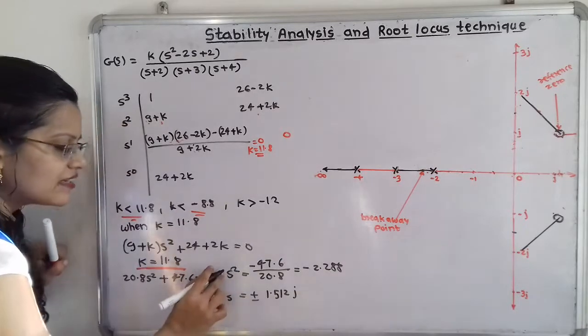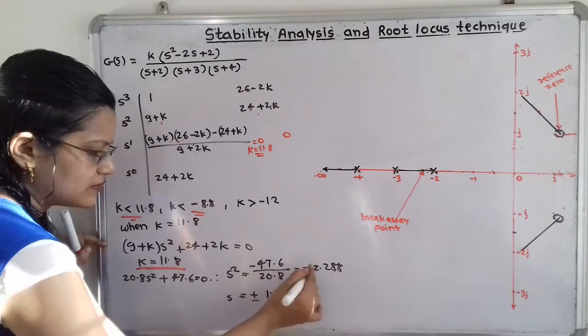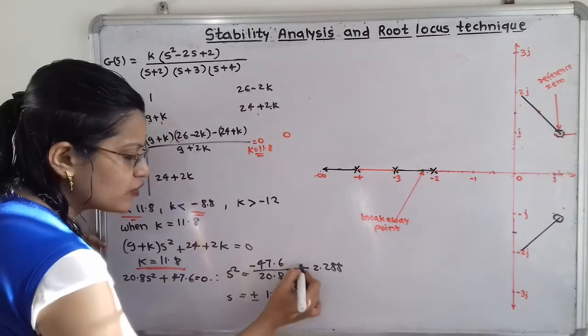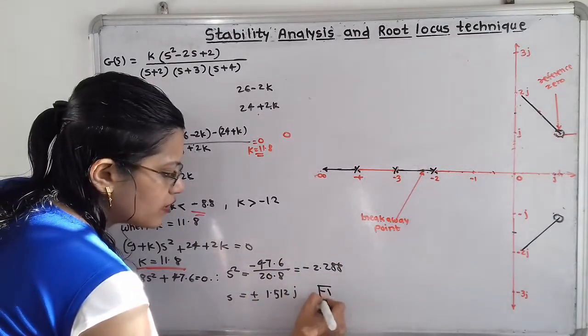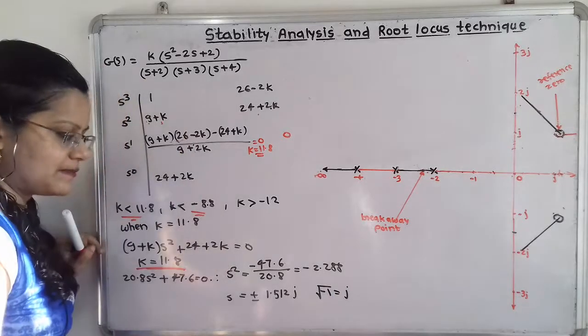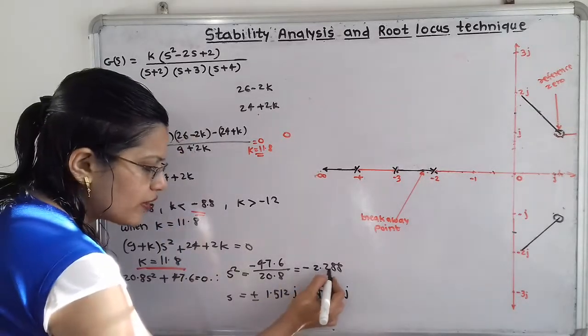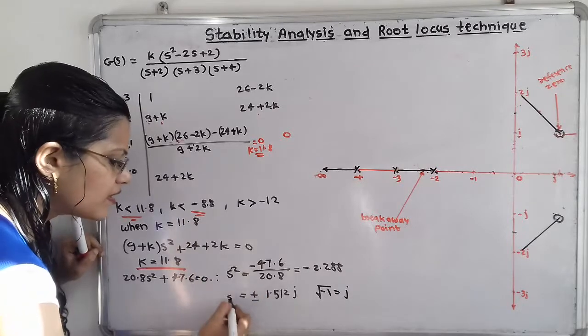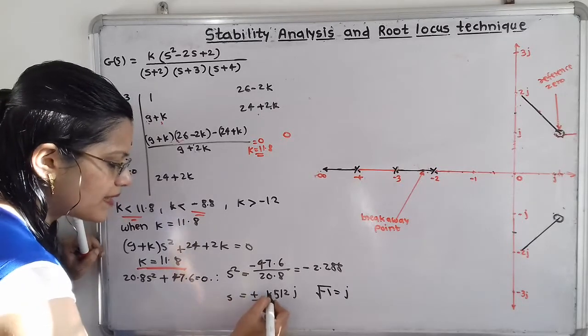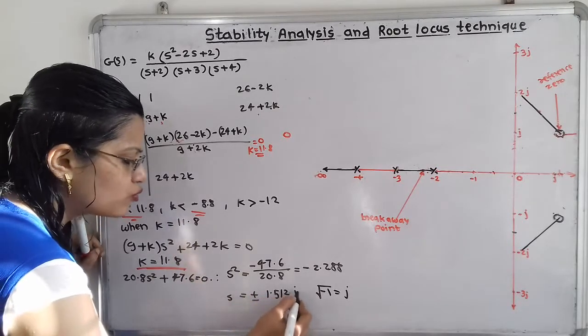So I will take the square root on both sides. So this is the square root of this negative number. For the square root of −1, I will take j, and the square root of 2.288 is 1.51. So here s is equal to plus minus 1.512j.